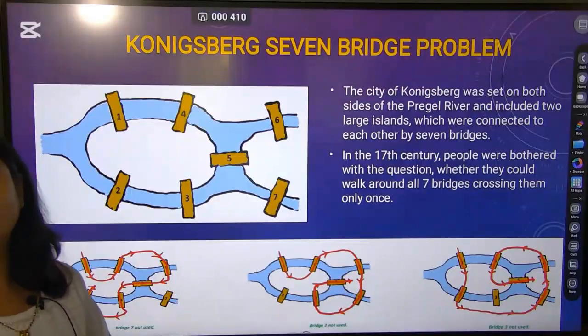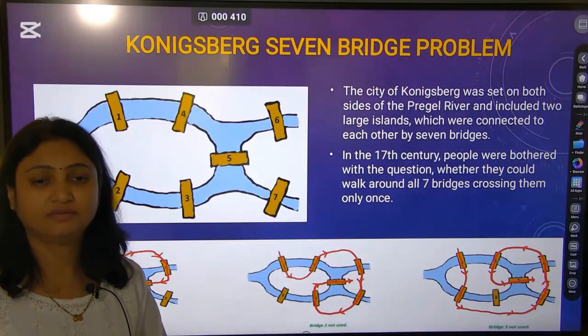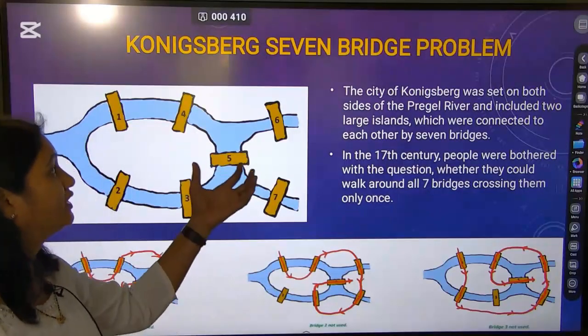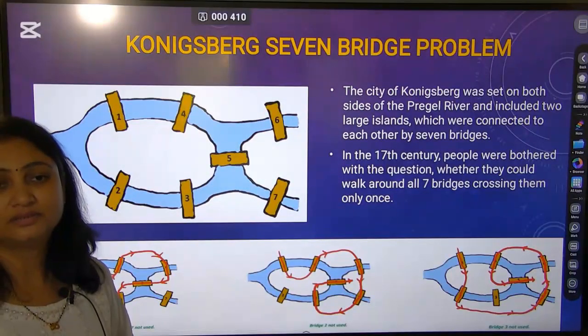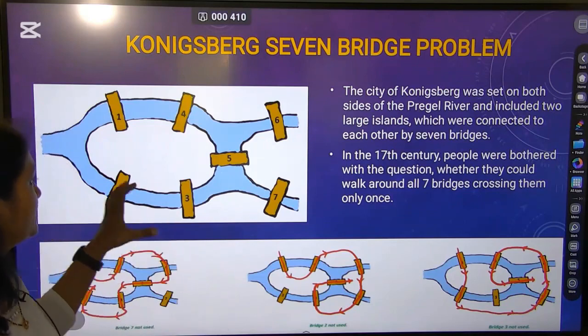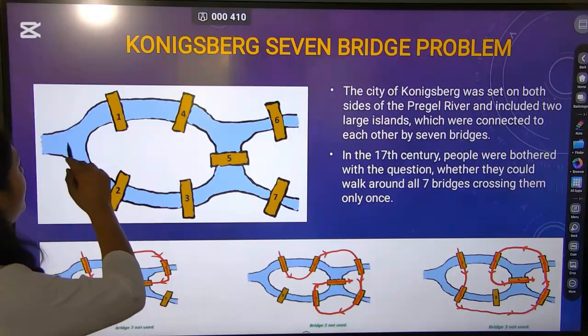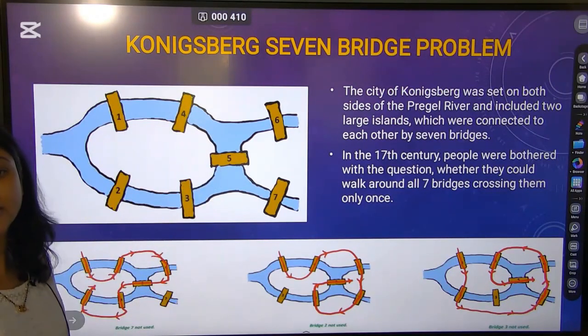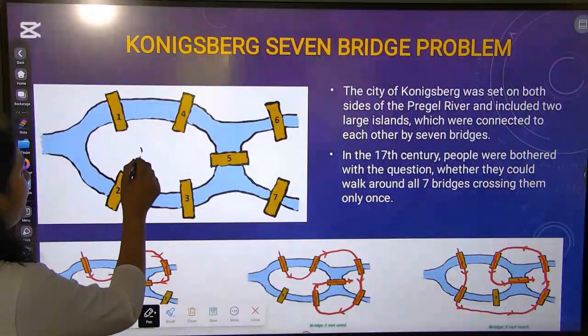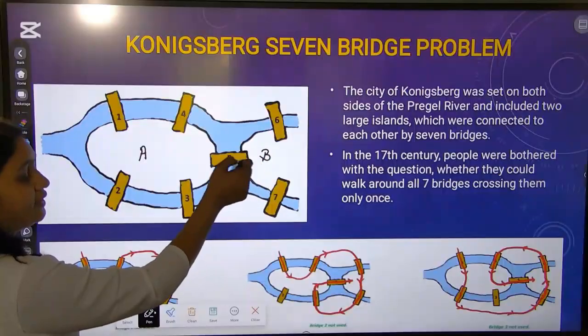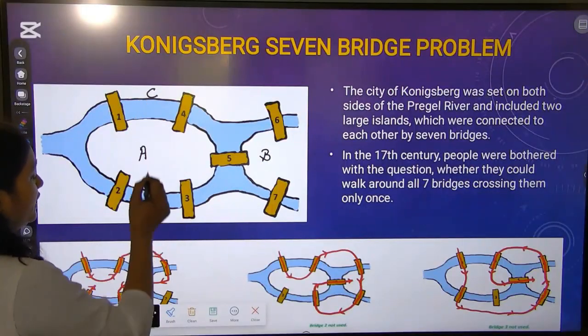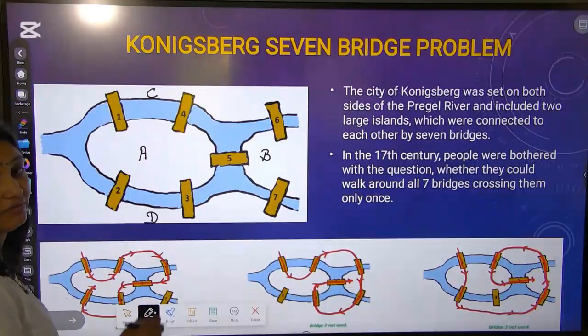Before going towards Euler graph, we will see a problem, that is the Königsberg 7 bridge problem. Now, what is this problem? In this problem, the blue portion shows the river. This is one island, suppose this is A, this is the second island, this is the river bank and this is again the river bank.